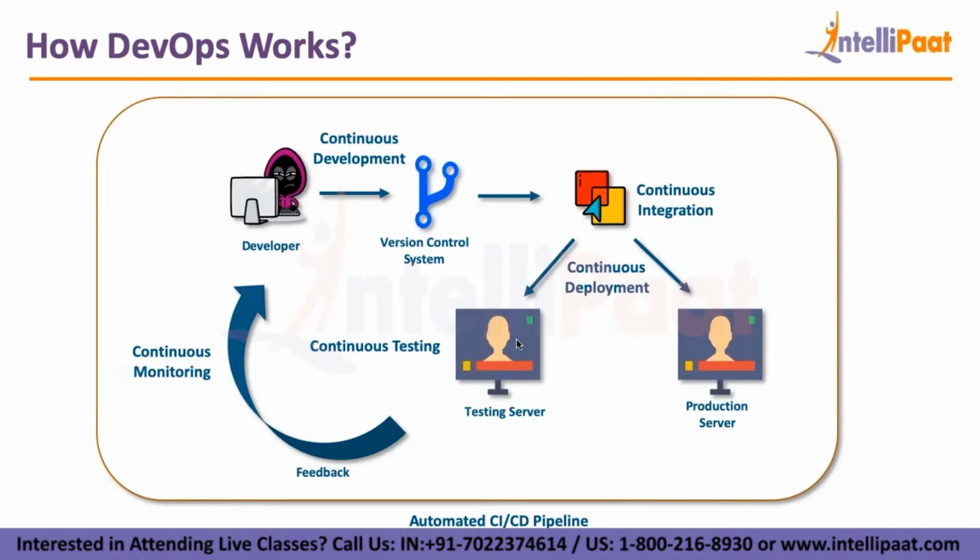If it is a pass, let's say the test cases have shown that everything in this particular code is working perfectly fine, the continuous integration server can sense that, and once it has sensed it, it can deploy it on the production servers as well. What are production servers? If you're using facebook.com today, that is the facebook.com which is there on the production server.